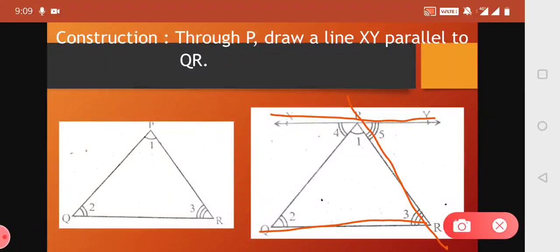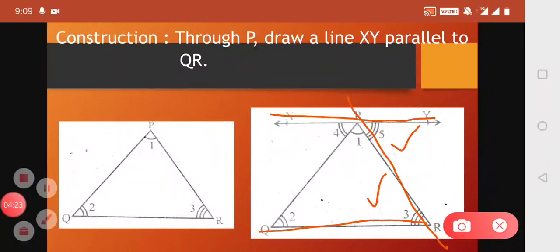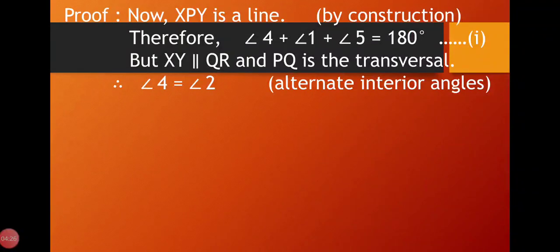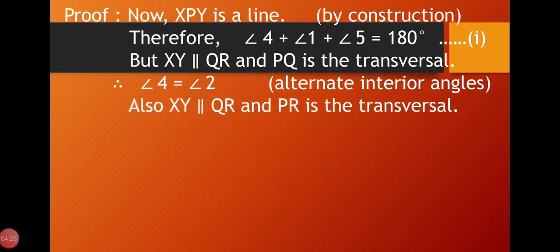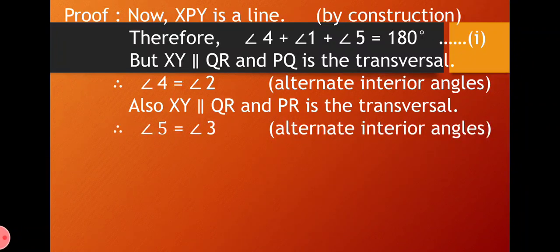So we write XY parallel to QR and PR is the transversal. Therefore, angle 5 equals angle 3. Again, these two angles are a pair of alternate interior angles.